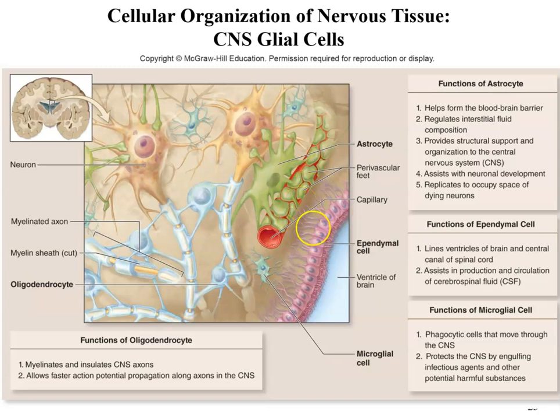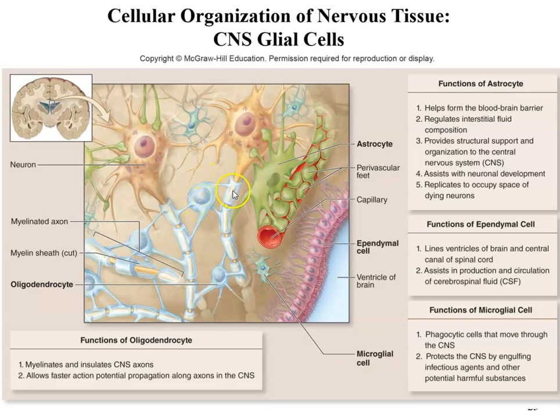You also have ependymal cells, which are seen here, and these line the ventricles of the brain and the central canal of the spinal cord. Basically, what they do is produce and circulate cerebrospinal fluid, or CSF. Next you have oligodendrocytes, and you can see an oligodendrocyte here. These myelinate and insulate central nervous system axons.